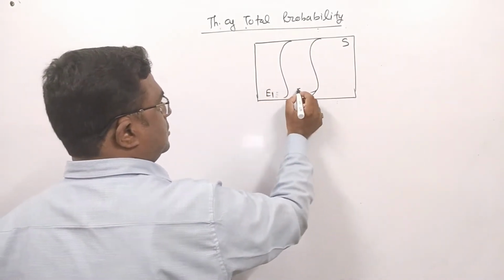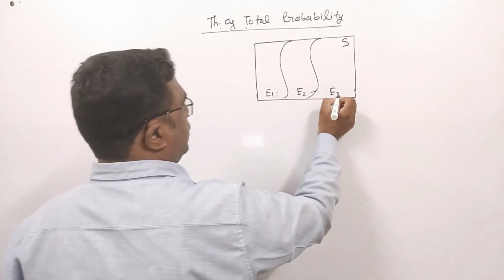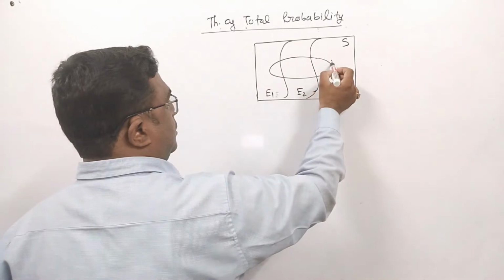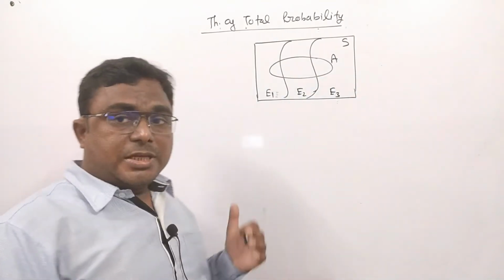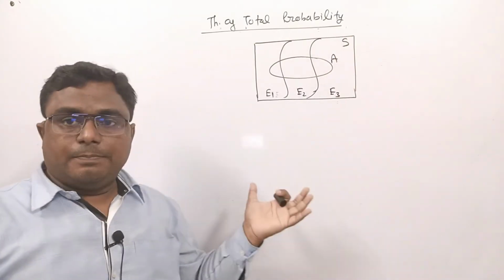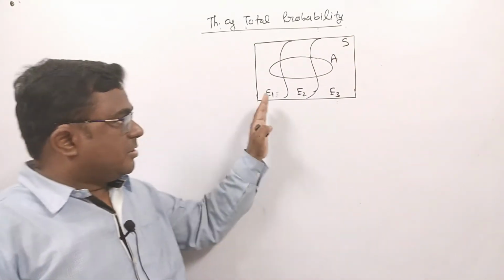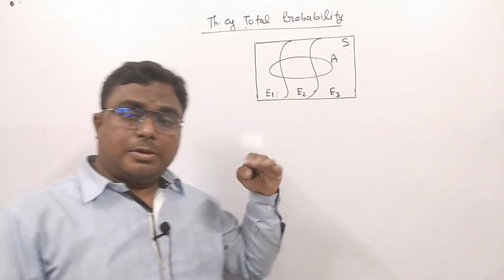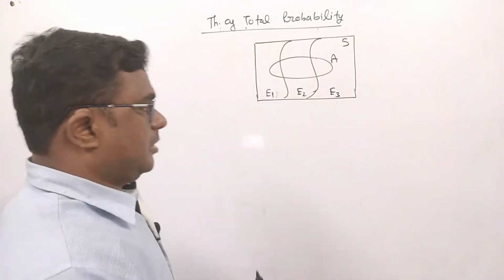Number of partitions can be 2, 3, 4, and more. And suppose A is some other event on the same sample space. So now on the same sample space we have 4 events in which E1, E2, E3 are working as partitions, and A is some extra event.